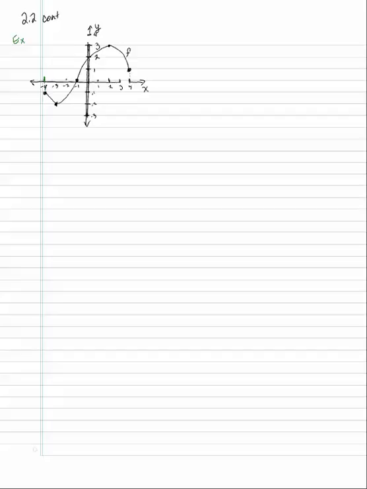If you imagine squishing this onto the x-axis, all these points would be hit. So the domain is the set of all x values, from negative 4 to 4.